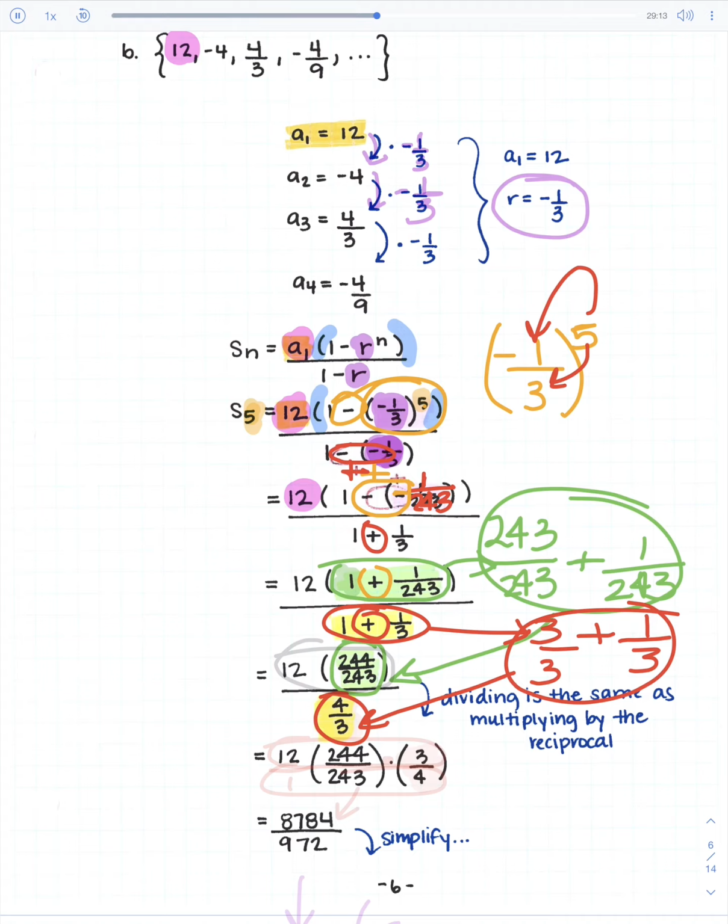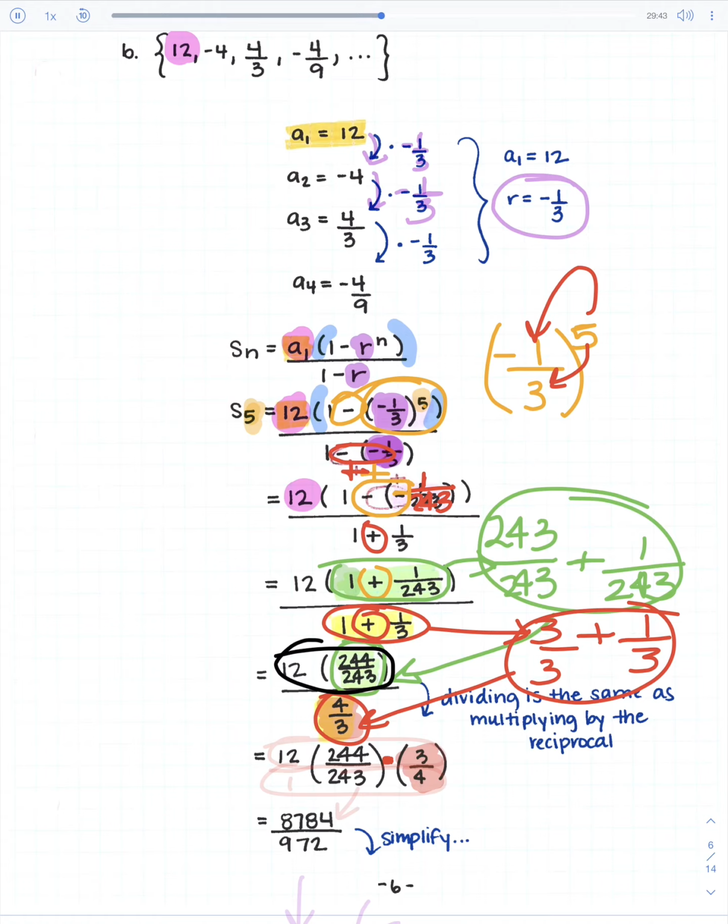So on top I have the 12 and the 244 over 243, and I'm dividing by 4/3. Well, remember, dividing by a fraction like 4/3 is the same thing as multiplying by its reciprocal, which means flipping that 4/3 upside down and it becomes 3/4.